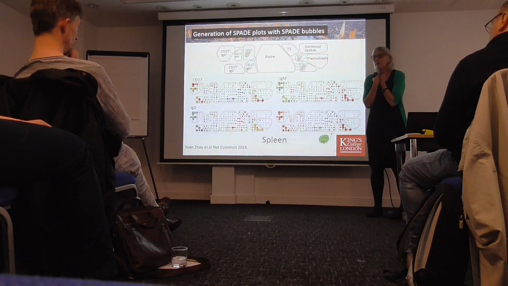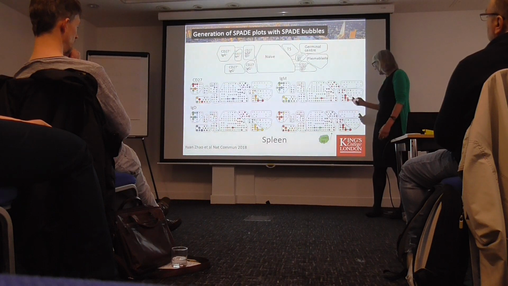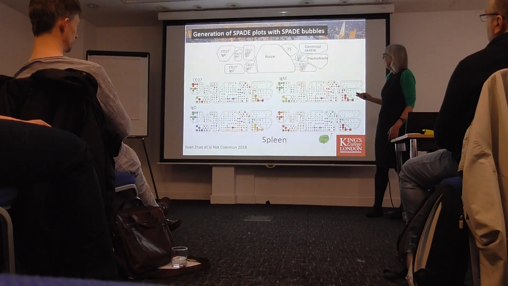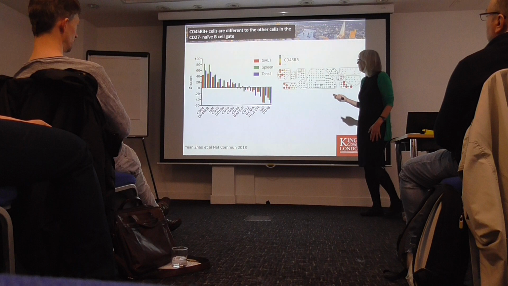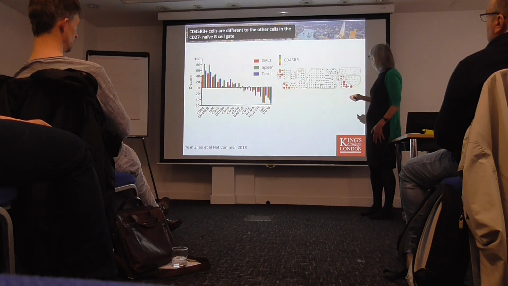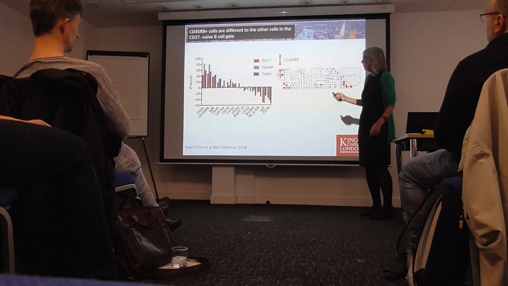So for me, this was one of those moments that you dream of in your life when you look at something you don't know what you're going to see, and the two things that you think might be related just sit side by side. So a young mathematician that we have the good fortune to work with took those cells, and she did a bootstrap analysis to ask how are they different to the rest of the cells in this gate? Can we call them a separate population?